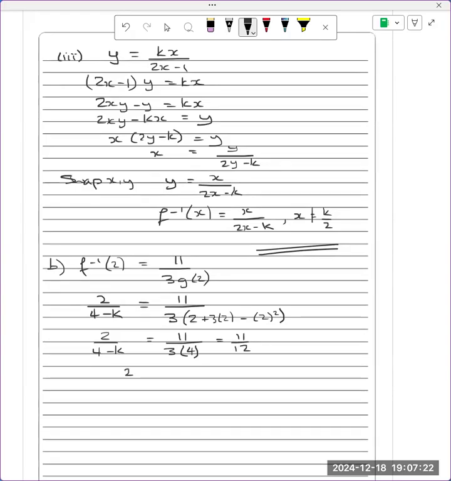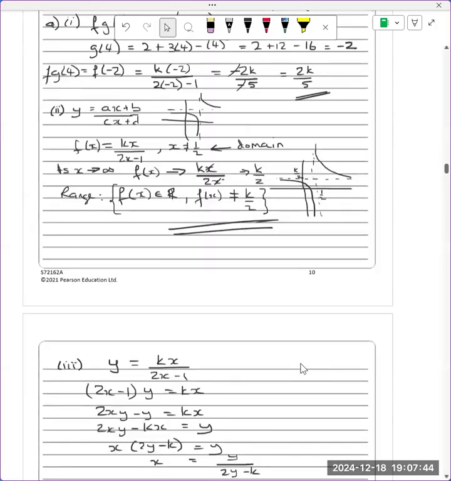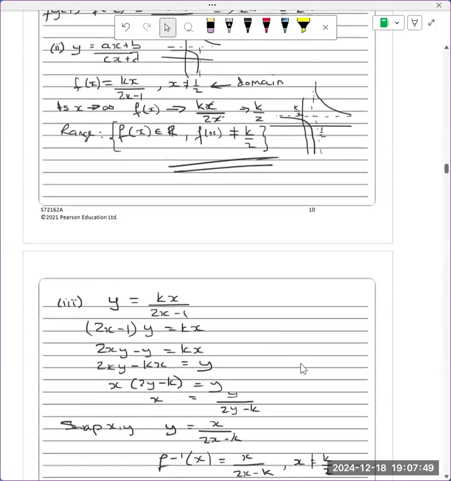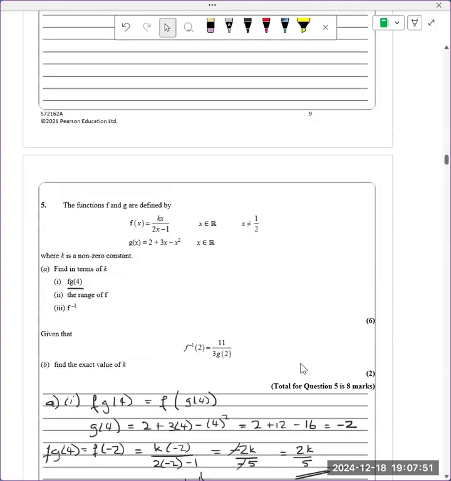We've got 24 equals 11 times 4 minus k. 24 is 44 minus 11k. 11k is 20. k is 20 over 11. I think that's it. A lot of people got that right, which is good. So I think that's the end of question 5.